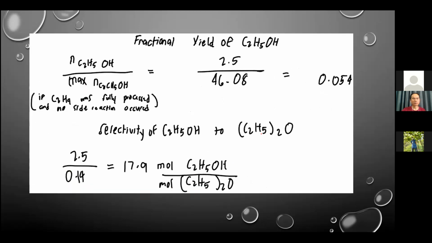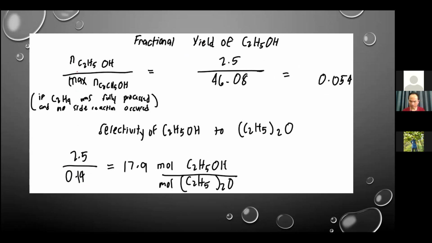And then next is the fractional yield of ethanol. So we can know the fractional yield of ethanol.